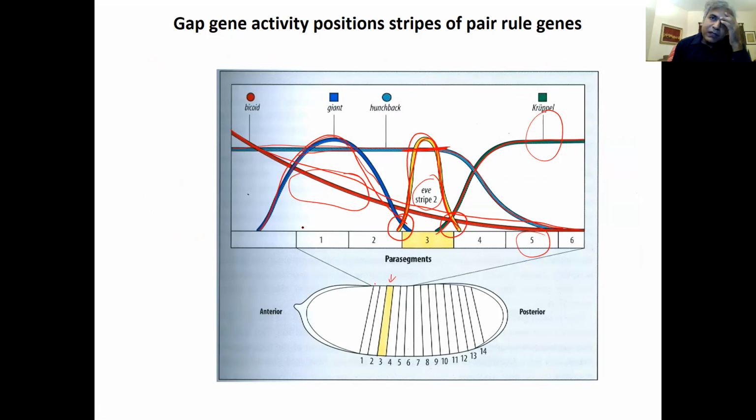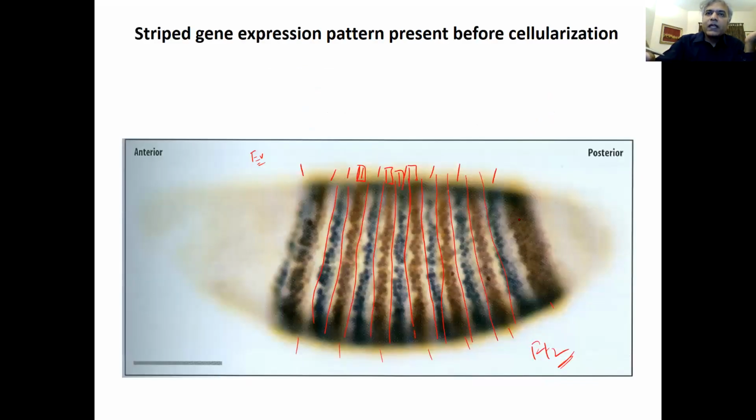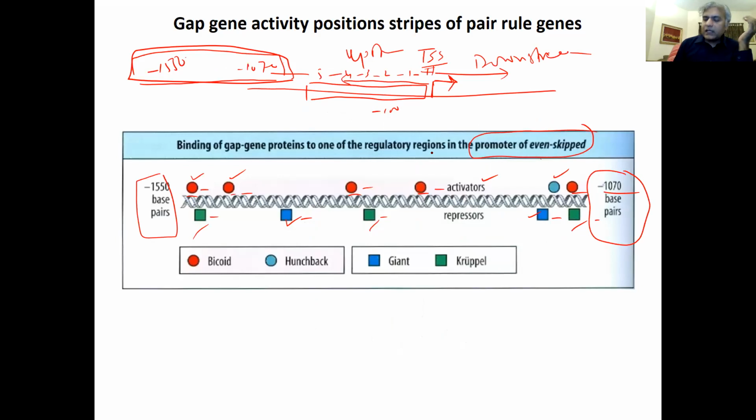The same gene, same promoter is present in cells which are here, here, here, and here. Now, the coordinated action of all these different players is going to determine whether even-skipped will be active here and silent here. Here silent, here active. Promoter is same, but it will be the coordinated action.